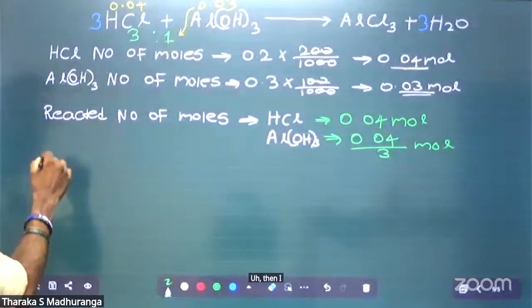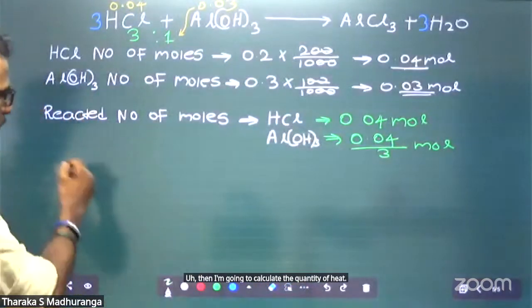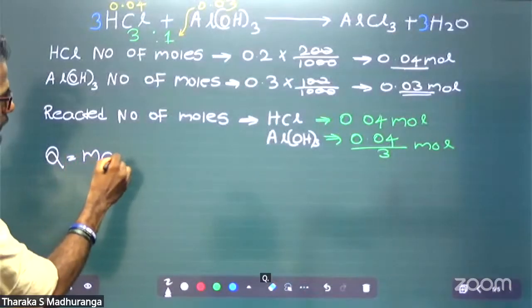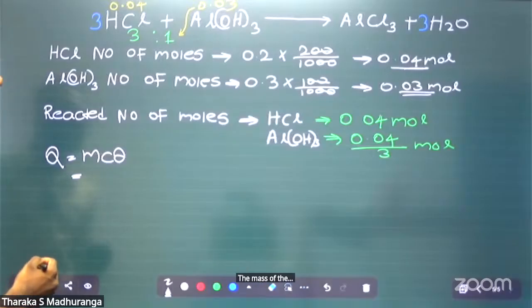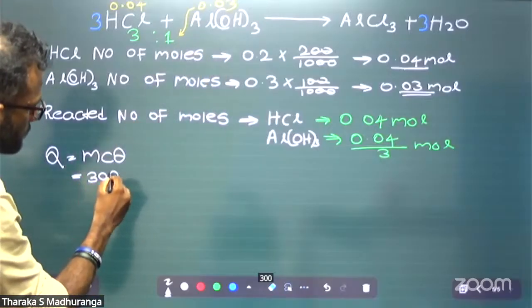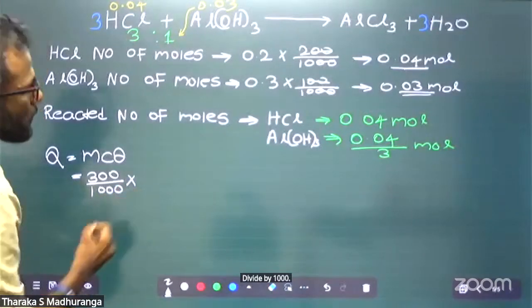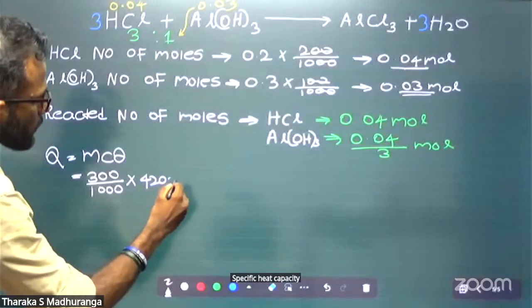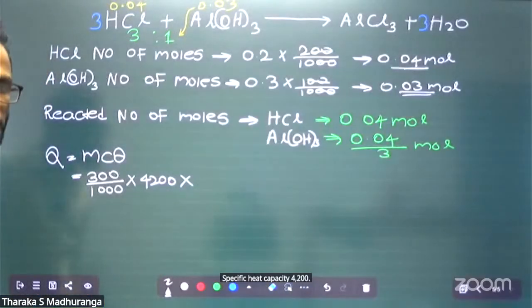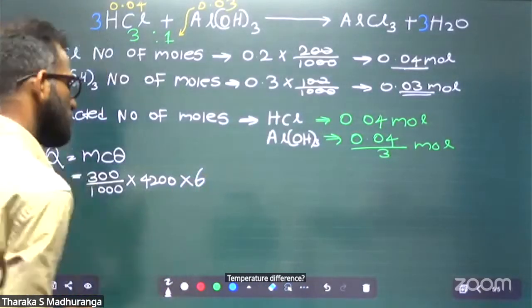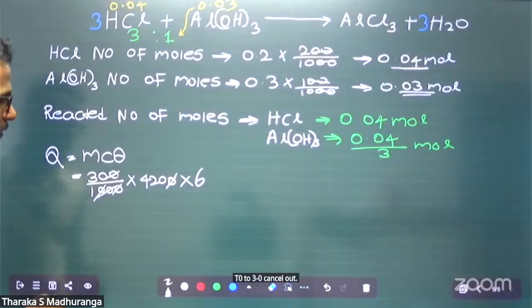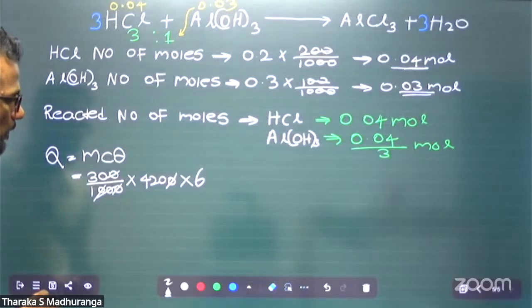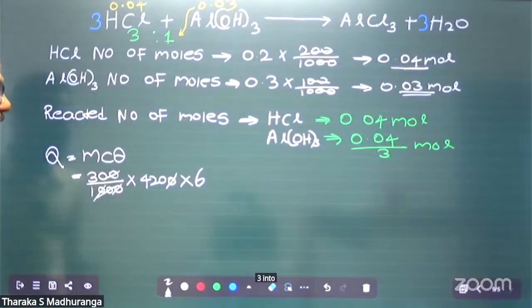Then I'm going to calculate the quantity of heat. Q equals mc theta. The mass is 300 divided by 1000. Specific heat capacity 4200. Temperature difference 6. 300 and 1000 cancel out. 3 into 420 into 6.